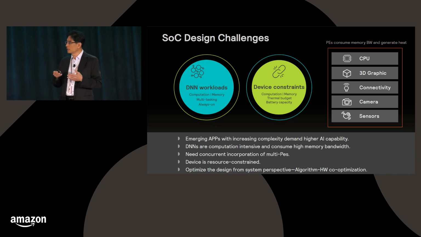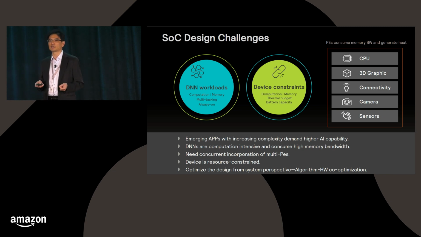Moreover, you also need to run the whole system. So you need multiple processing engines, like a CPU to do the flow control, a GPU for graphics, and modem, Wi-Fi, camera, and so on. You need all these processing engines to run concurrently at the same time.